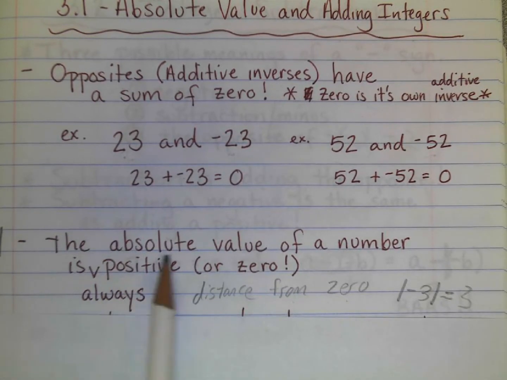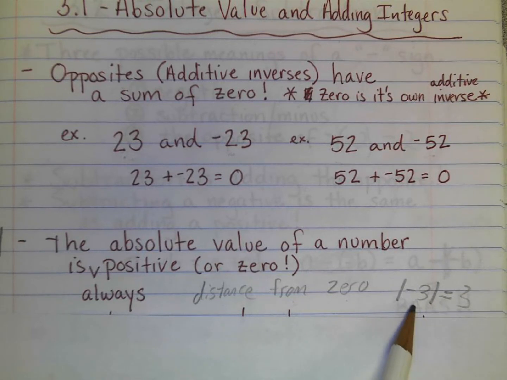We call absolute value how far away a number is from 0. All right? So it's always positive or just 0. So the absolute value of 0 is 0. And when I'm talking about the distance from 0, let's look at negative 3, for example. The distance negative 3 is from 0 is 3 units away.